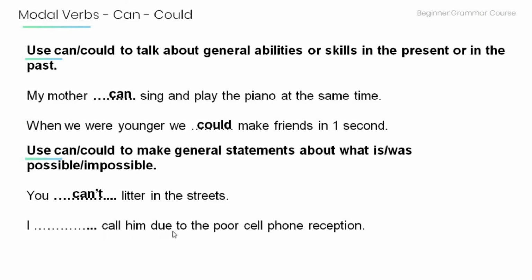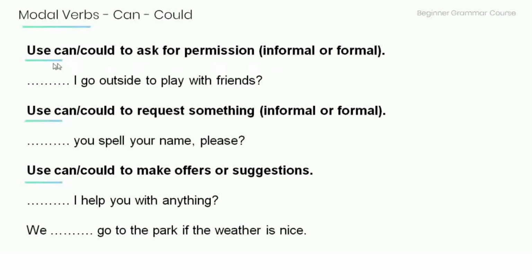I call him due to the poor cell phone reception. I couldn't call him due to the poor cell phone reception. Remember that we use can or could to ask for permission, request something, or make offers or suggestions in an informal or formal way.